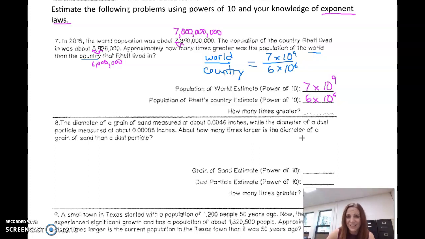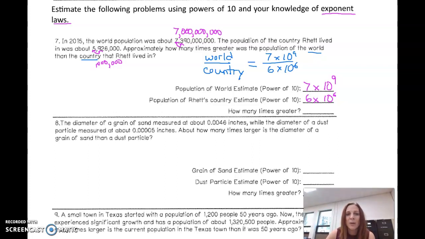I have to backtrack a little bit. We're estimating, so I want these two numbers to be the same. Yes, this should be 6, but we want to make these problems really easy.